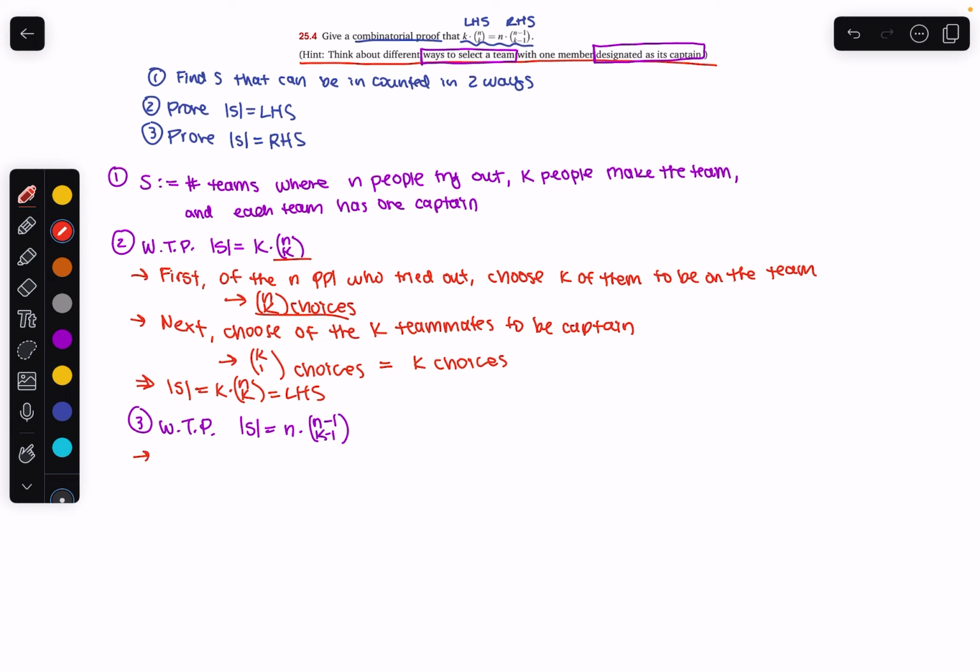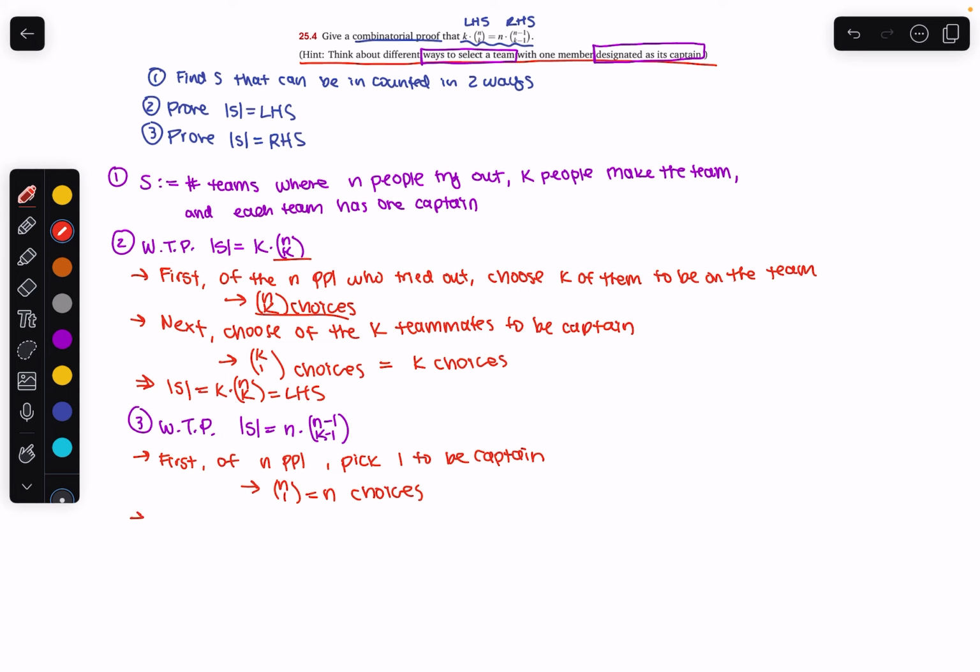So let's say first, of the n people who tried out, pick one to be captain. What a powerful person. They are being put on the team and being made captain all in one fell swoop. Okay, so that's n choose 1, equals n, possible choices for captain.